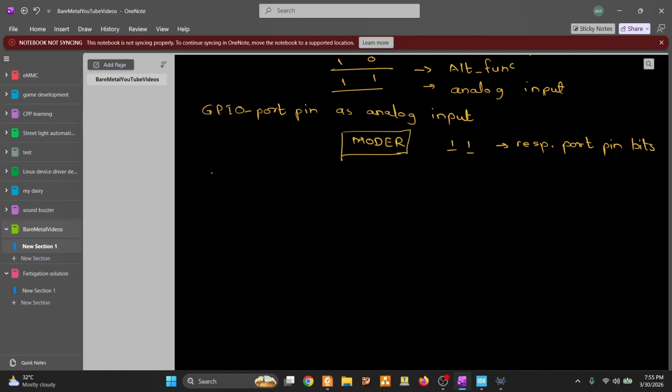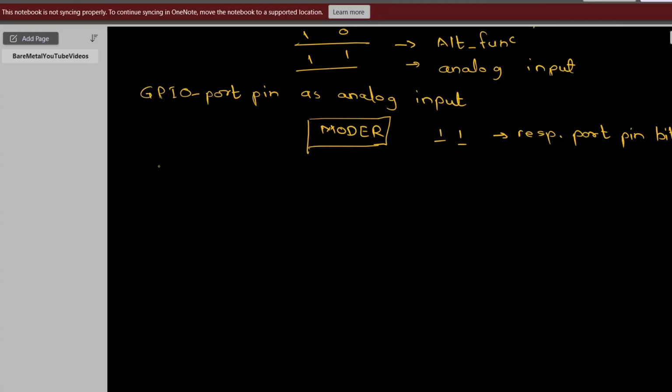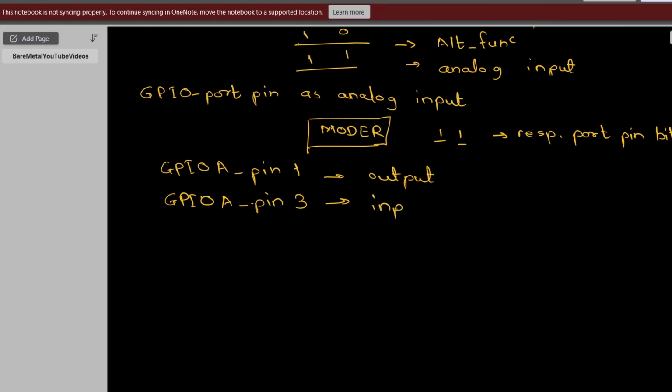Now let's decide which port pin we want to configure as analog input. In our last lecture we used GPIO port A pin 1 and GPIO A pin 3. One was used as output and one was used as input, but this was digital input.